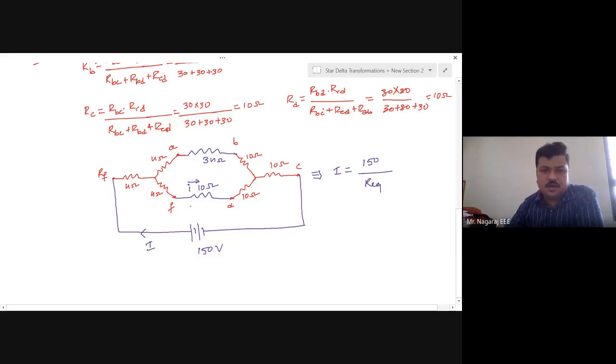Now what is R equivalent? It is series parallel combination of these things. Okay, 4 ohm, 34 ohm, 10 ohm are in series. 4 ohm, 10 ohm, 10 ohm are in series. So 4 ohm and 10 ohm are in series.